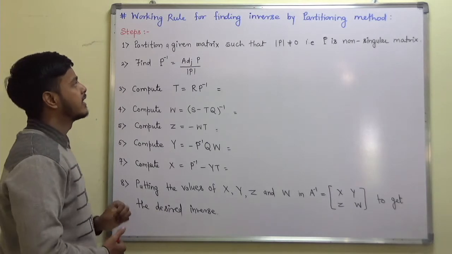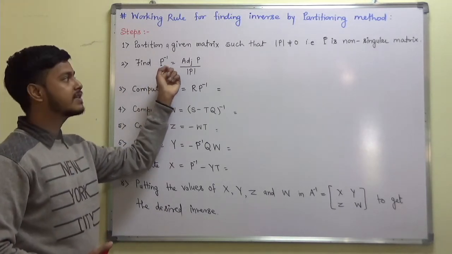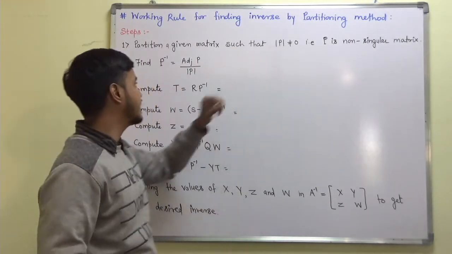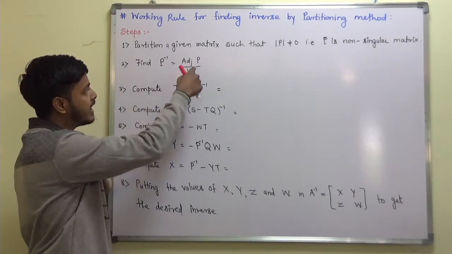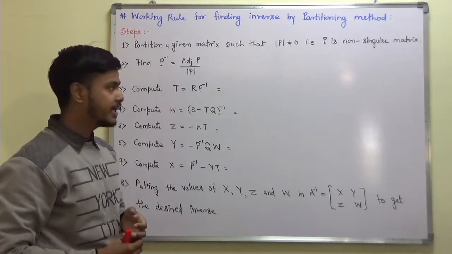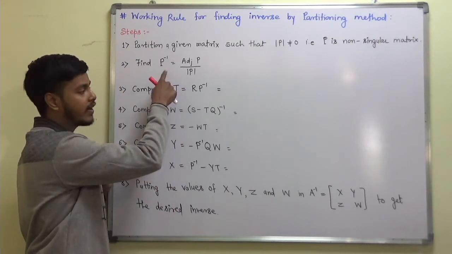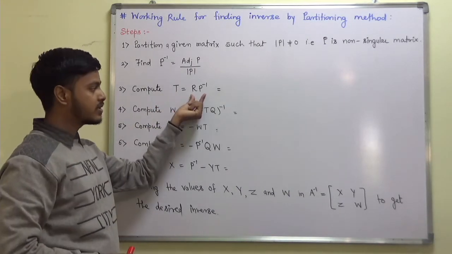Then the very second step is find out the inverse, because if P is non-singular, determinant is not 0, so its inverse exists. That's why you can find out P inverse by making use of this formula, adjoint of P upon determinant of P. Once you are done with step number 2, find out T. T is any arbitrary matrix representing R P inverse.